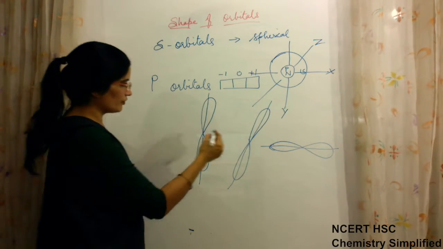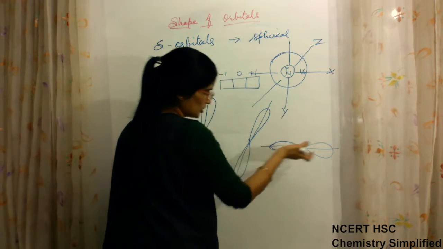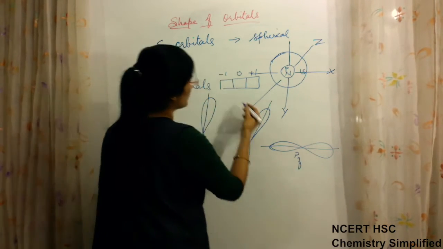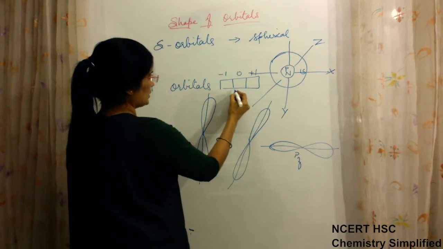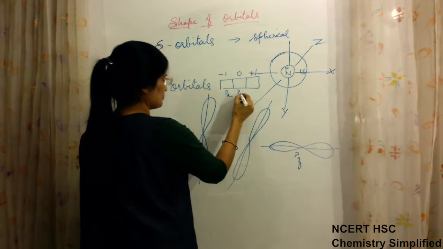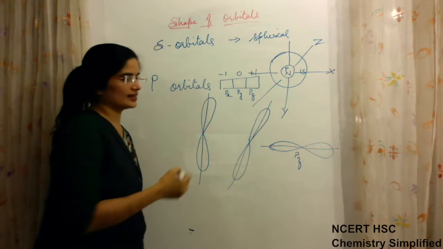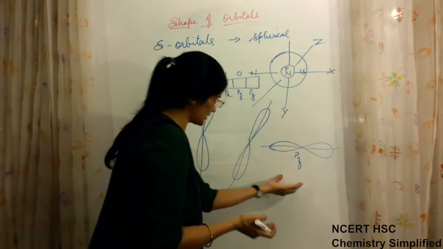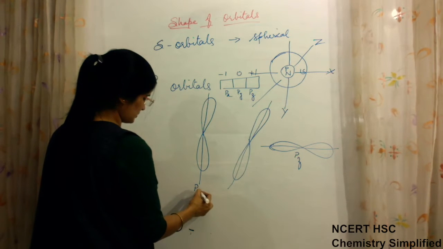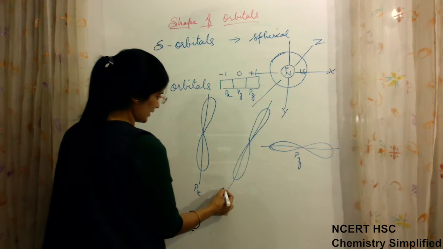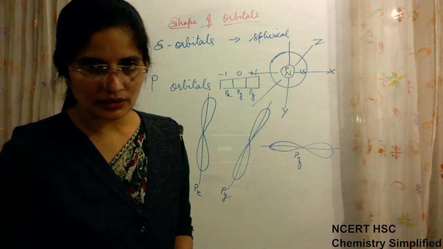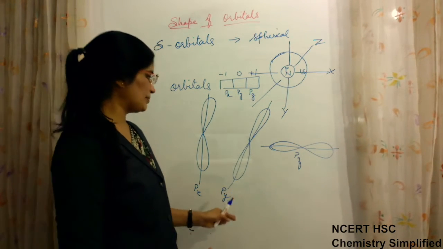Let us say this direction, which is horizontal to the axis, is pz, because out of these 3, one is px, one is py, one is pz, oriented in 3 different directions. If this is pz, this one we consider as px, this one as py. It is not specified that this one must be px and this one py.